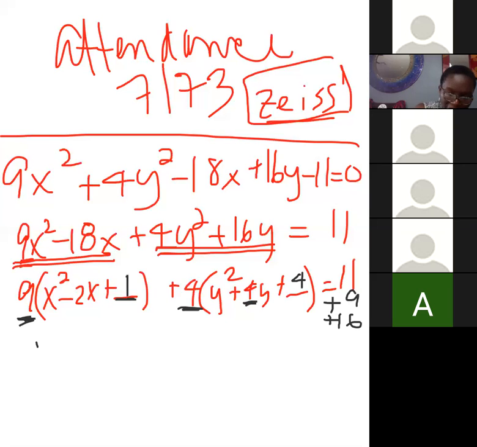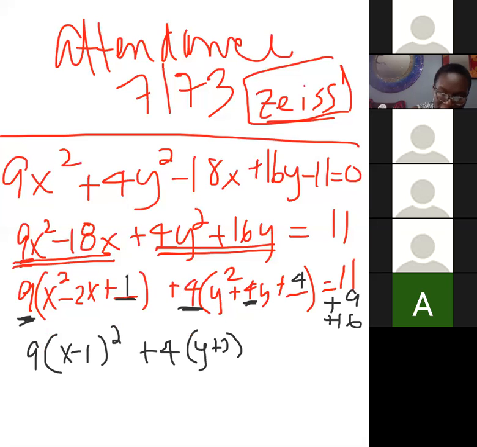So now we're gonna factor that perfect square trinomial, which becomes (x minus 1) squared. Same thing over here with the y's. Factor that perfect square trinomial, which becomes (y plus 2) squared. And then we add all this up, so we get 36. Now, when we write these equations in standard form, they're supposed to equal 1.